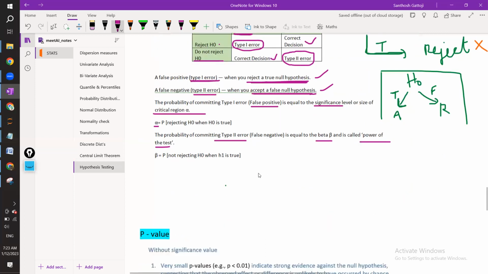We'll try to understand. See, there is this door. This is your house. Let's say you are inside, you have your TV, everything.